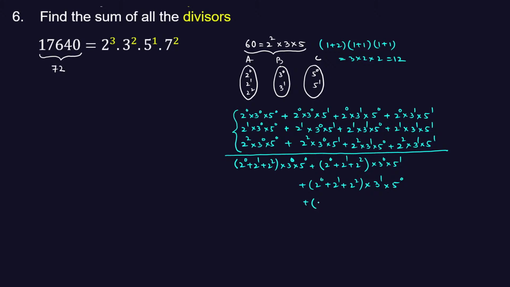And for the fourth column, we are getting 2 to the power 0, 2 to the power 1, 2 square into 3 to the power 1 into 5 to the power 1. That's it. Now from these four factors, let me take this common. So what are we left with? 3 to the power 0, 5 to the power 0 plus.